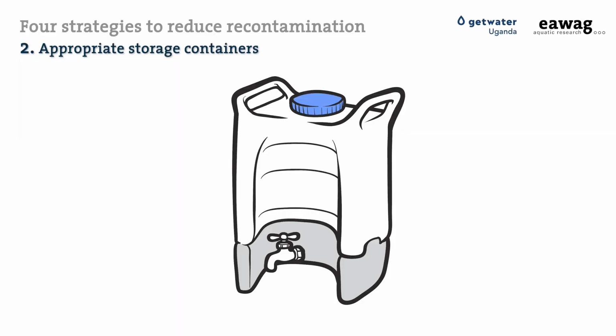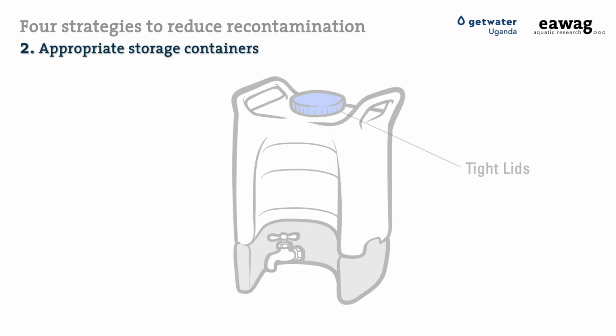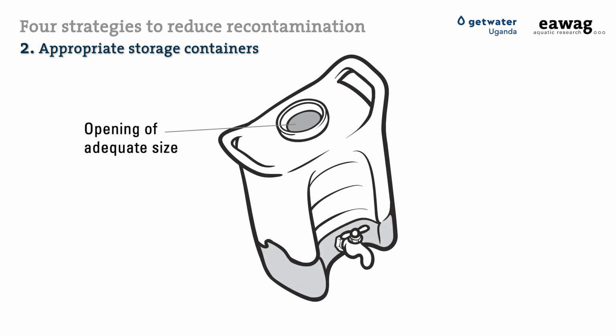Customers' jerry cans ideally have a few features that can reduce recontamination risks: tight lids and an opening of adequate size. This means small enough to discourage scooping, but big enough to permit proper cleaning.